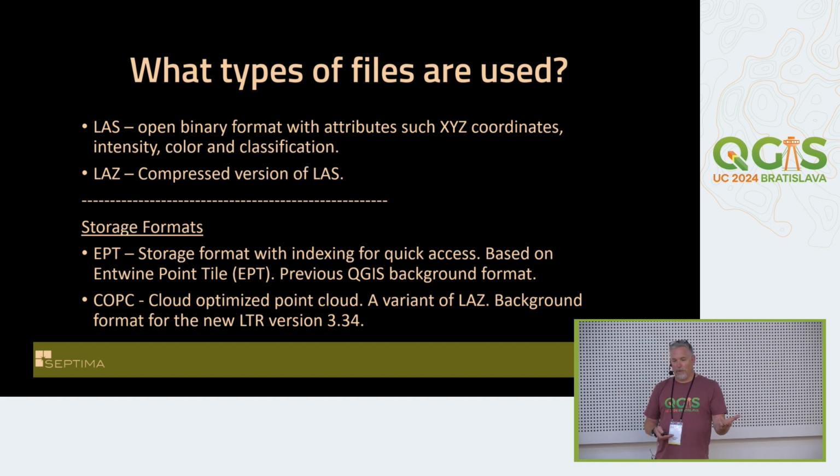This was the previous QGIS background format, before our current LTR, which we talked about this morning is 3.34. So before our current LTR, QGIS would convert point clouds to EPT and create a folder with that. Now, currently, it's COPC, Cloud Optimized Point Cloud, that QGIS uses to index and convert that point cloud to when you first load it.